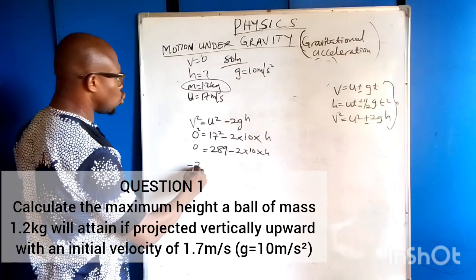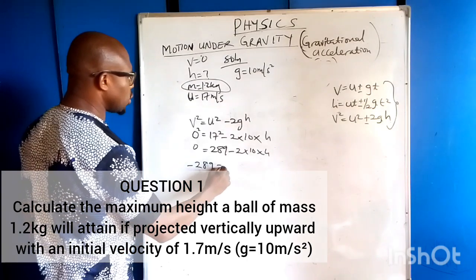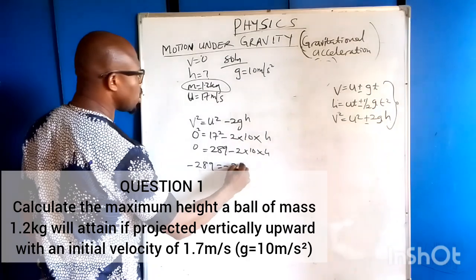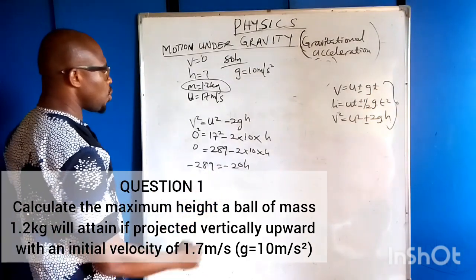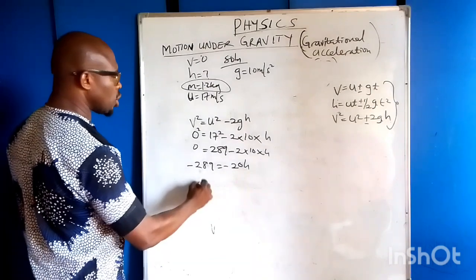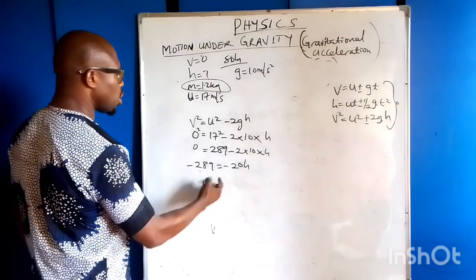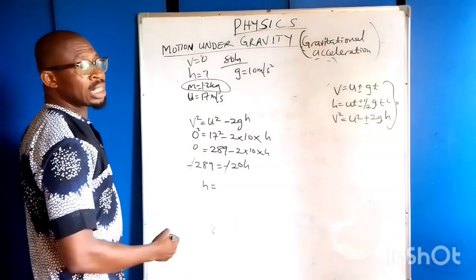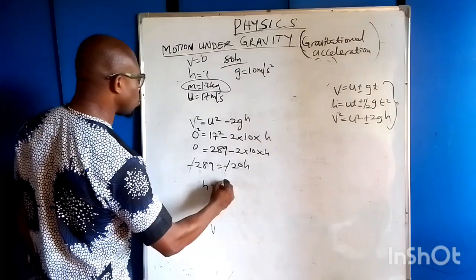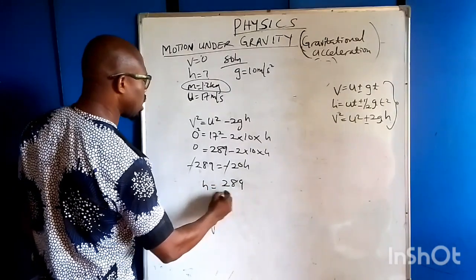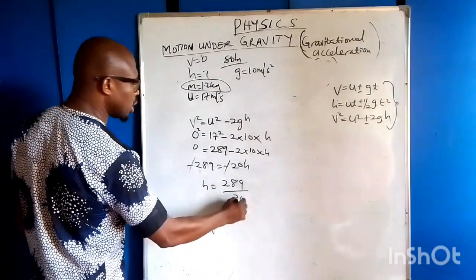If we send this one here, we have minus 289 is equal to minus 2 times 10, 20h. Now, we'll make h the subject. H is equal to, the negative signs will take care of each other, 289 over 20.